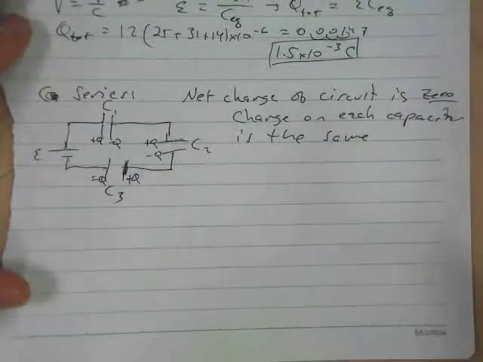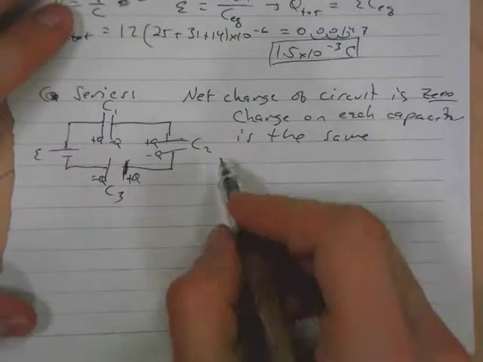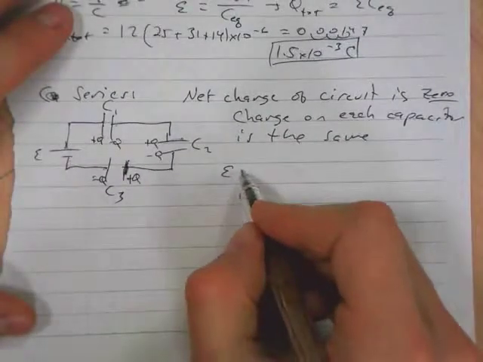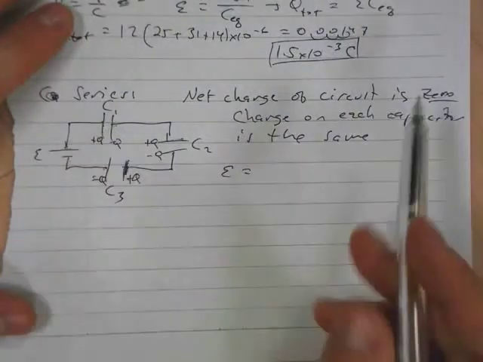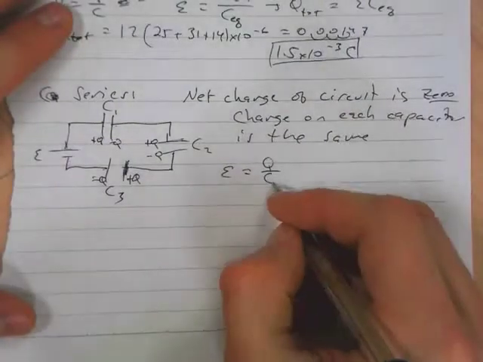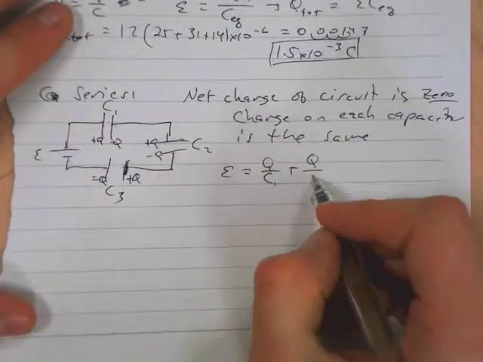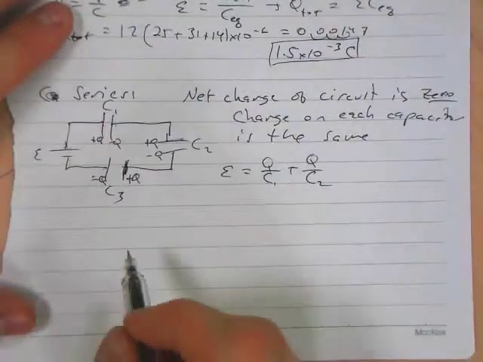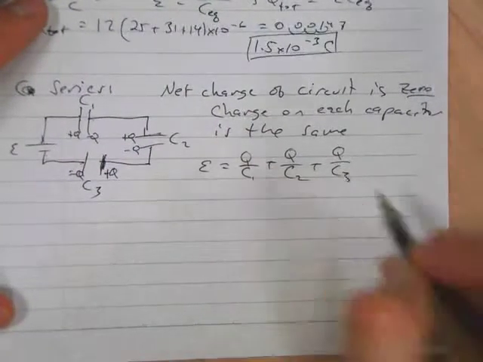So the charge on each capacitor is the same, which means that the EMF is equal to, well, we take the voltage drop across the first capacitor, which is Q over C1, and then we go across the second capacitor, and the voltage drop across that is Q over C2, and the voltage drop across the third capacitor is Q over C3.